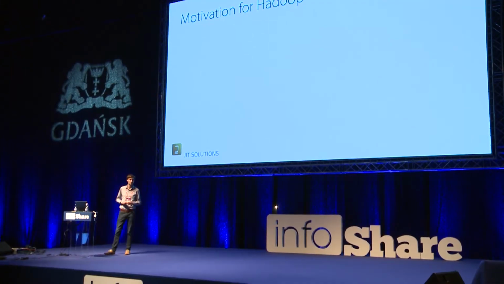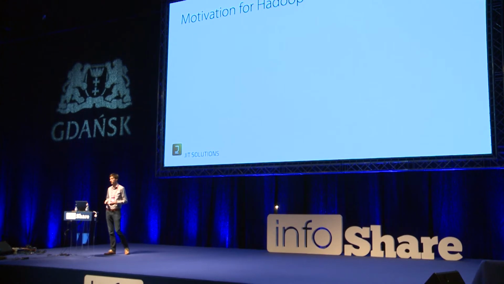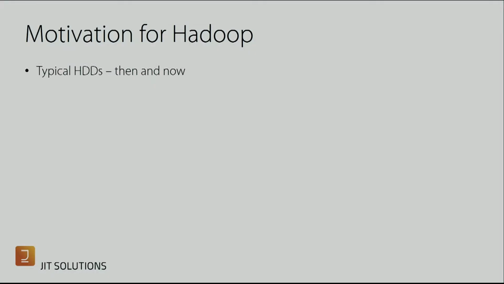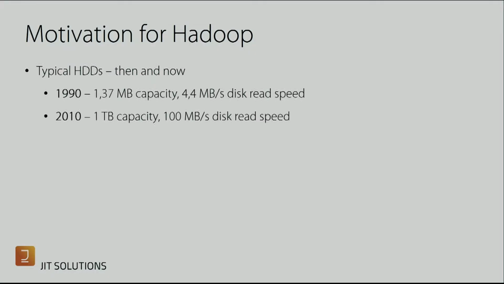To answer that, I think it's important to understand the motivation behind Hadoop and what its creators had in mind. It's worth looking at how hard drives have evolved over the last, let's say, 30 years.